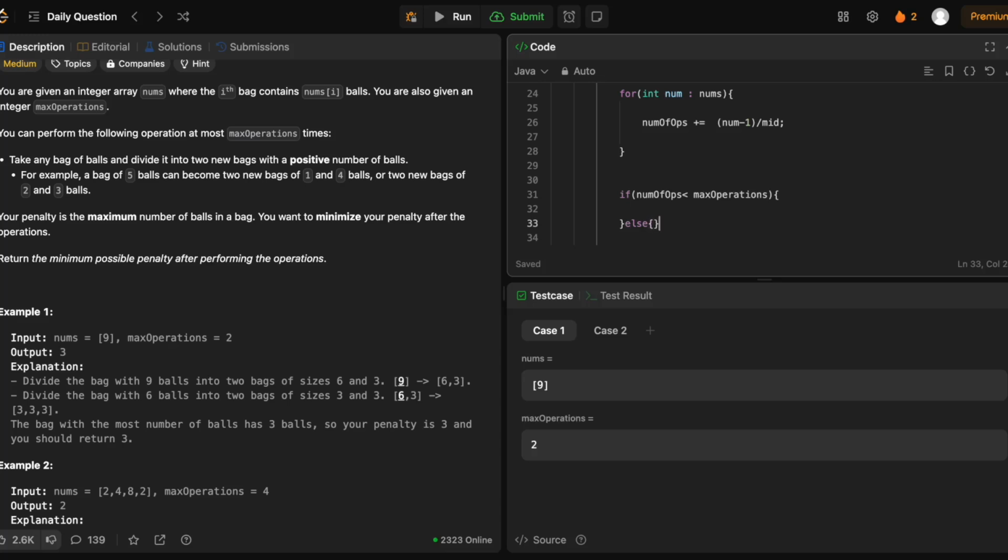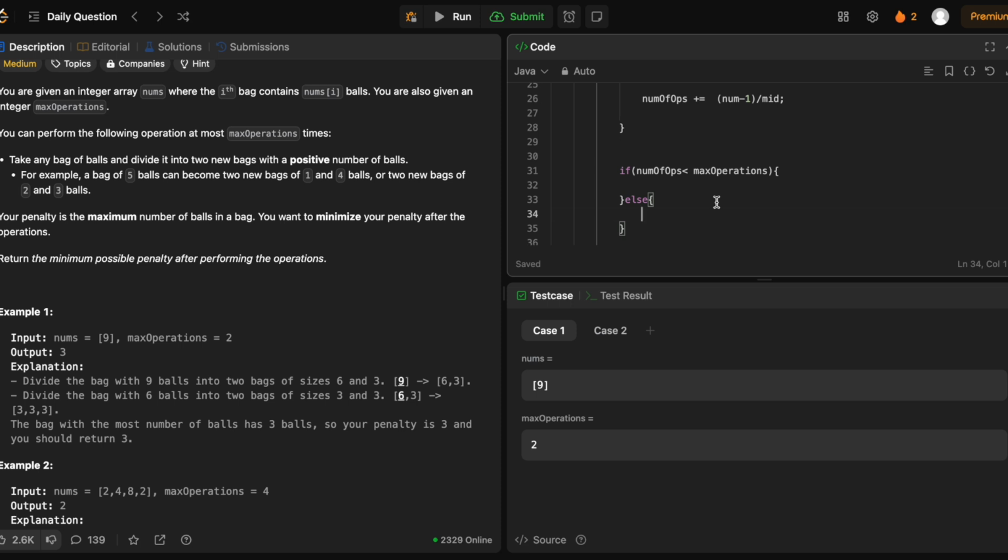So in terms of logic, if num of operations is less than the number of max operations, that means we can actually move further down, meaning our high equals mid.